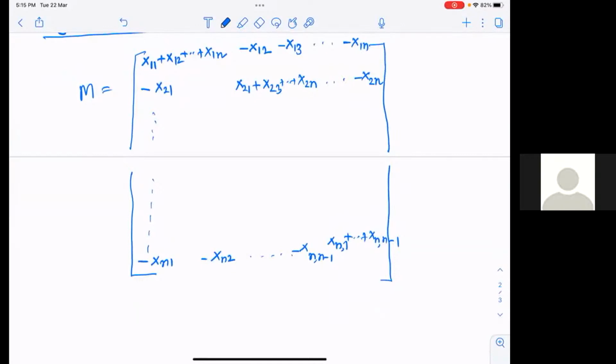So the diagonals: if you are looking at the ith diagonal entry, it is the summation of all the xij variables.